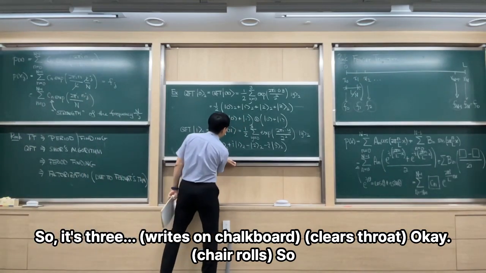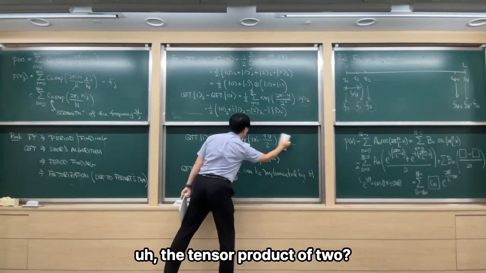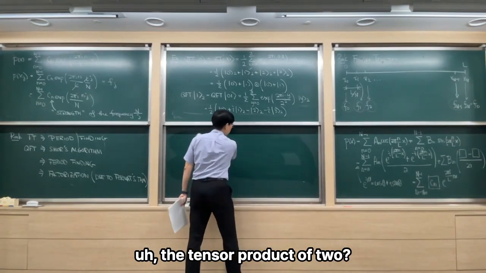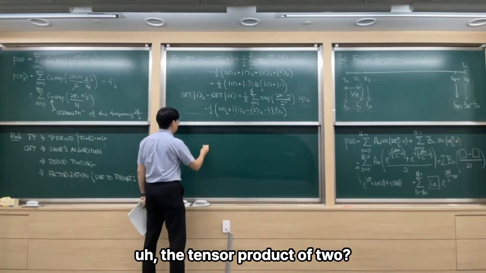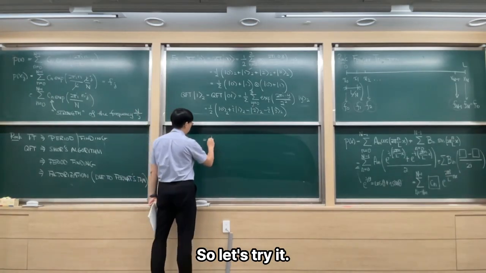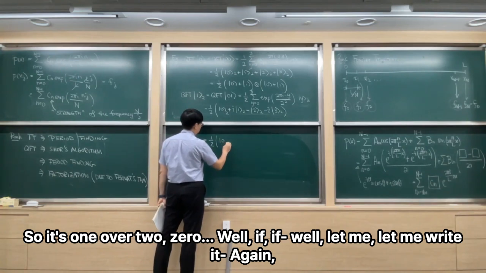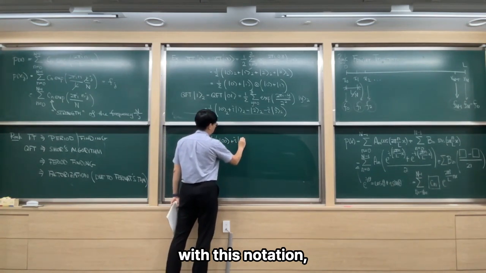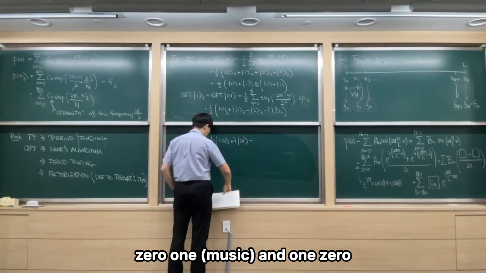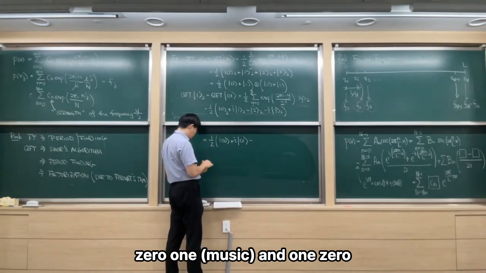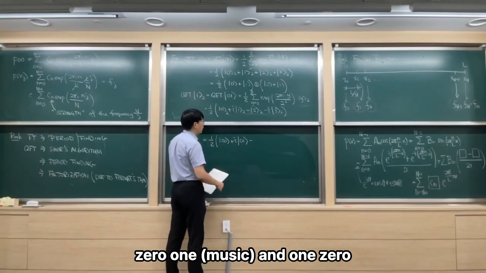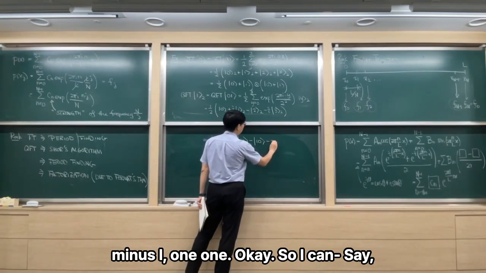Okay. So can you also make it into the tensor product of 2? Let's try it. So it's 1 over 2, 0, 1, and 1, 0, minus i, 1, 1.